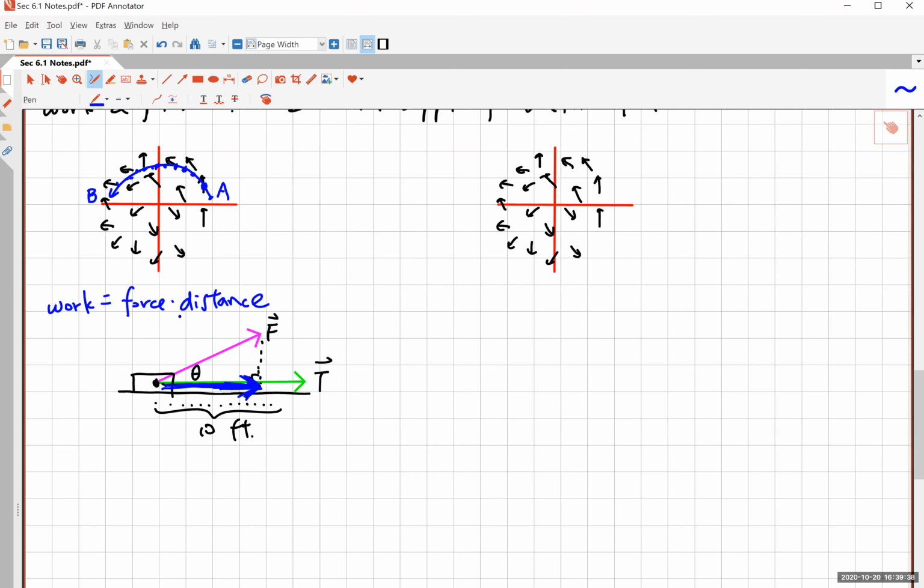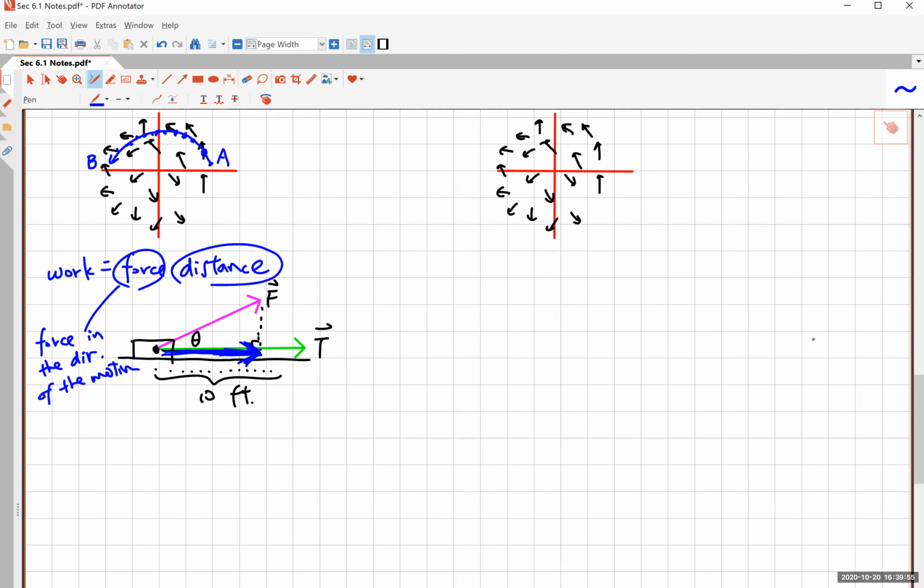So what I'm trying to say is this distance is 10 feet, but this force is the force in the direction of the motion. Okay, this is the important part. So we need to find the length here.